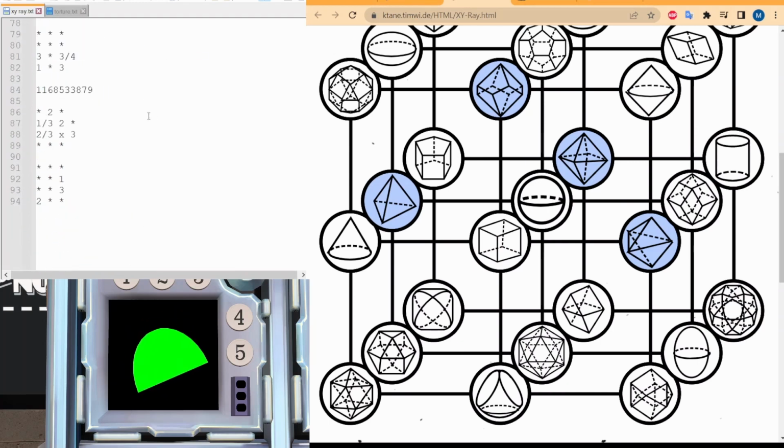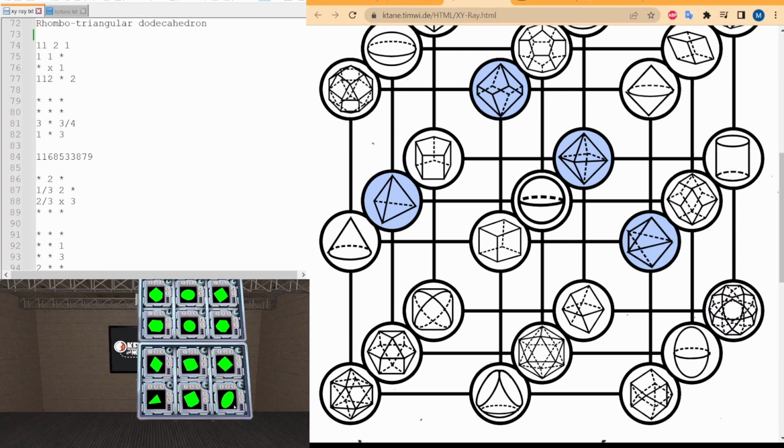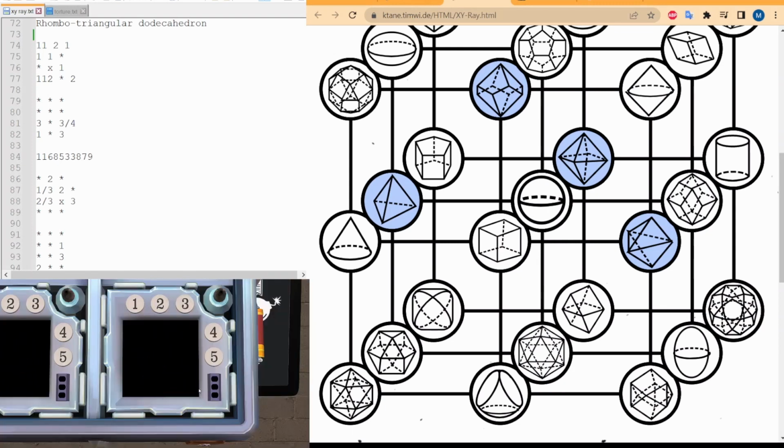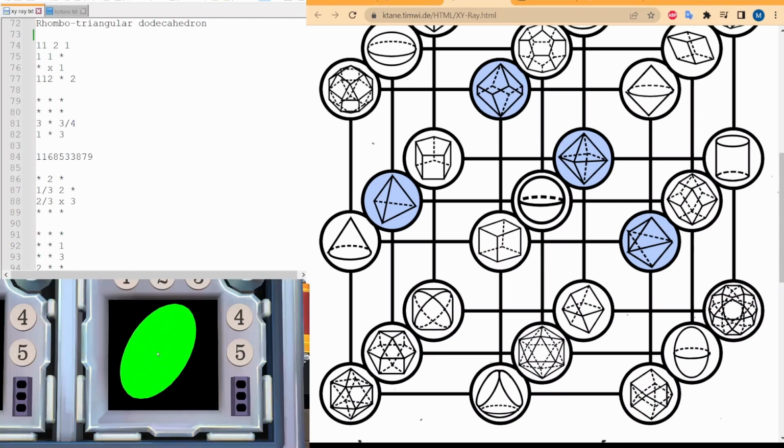Let's take a look at another octahedron example. Here. 1, 2, 3, 4, 5, 6. Let's take a look once again. Okay. 1, 2, 3, 4, 5, 6.